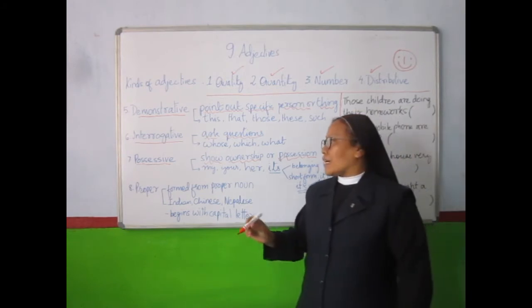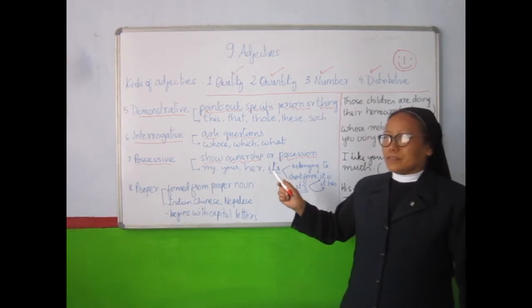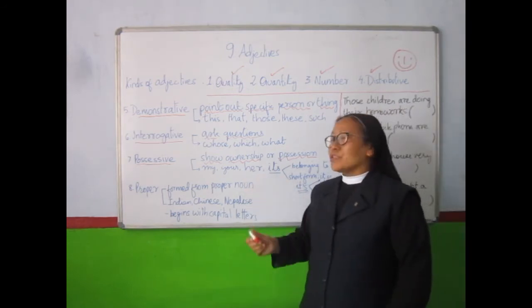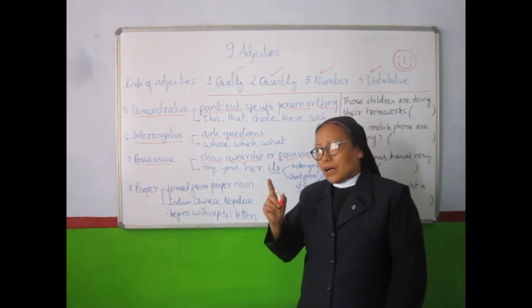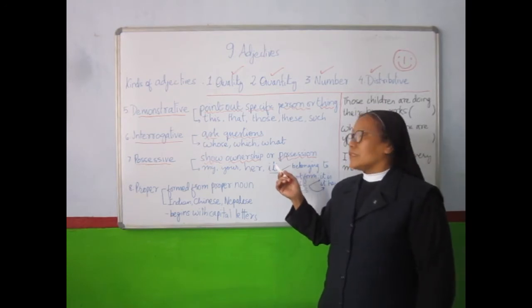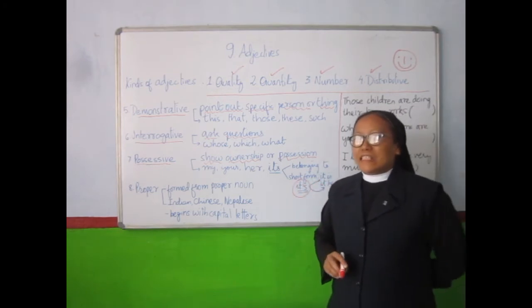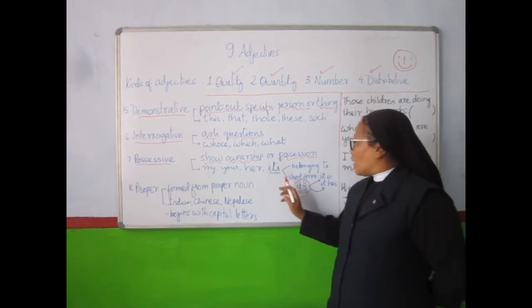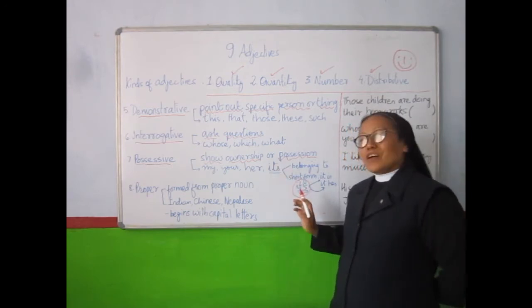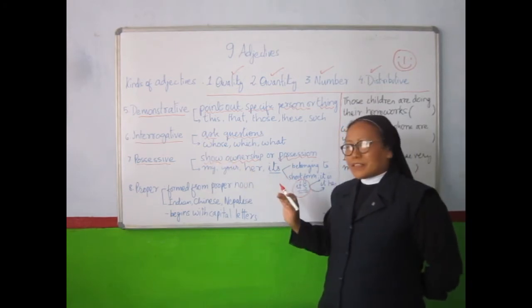The words used for possessive adjectives are my, your, her and its. Children, one thing I would like you to remember: when you use the word its, do not write it with an apostrophe, like it's. If you write it's with apostrophe s, it doesn't show a possessive adjective.